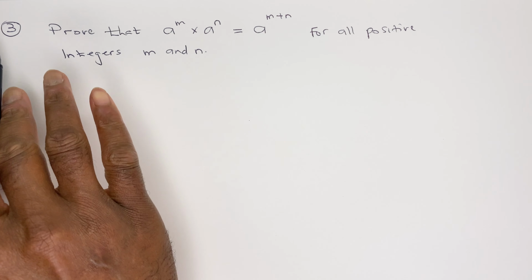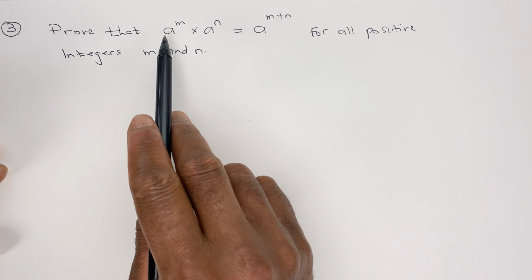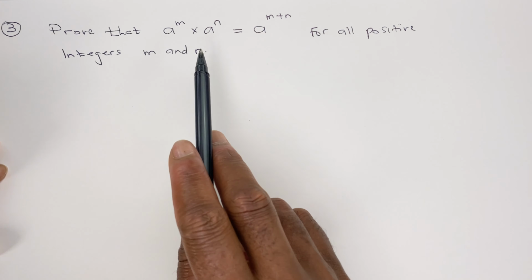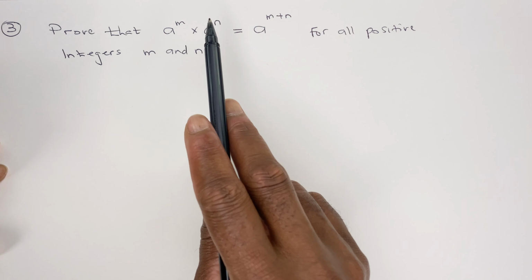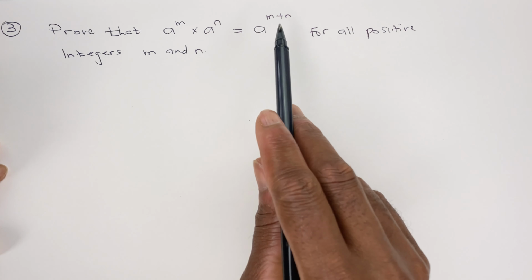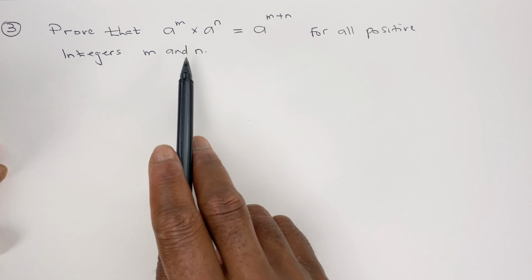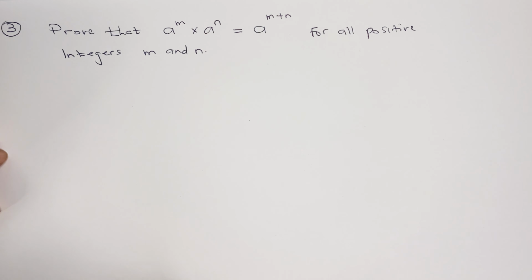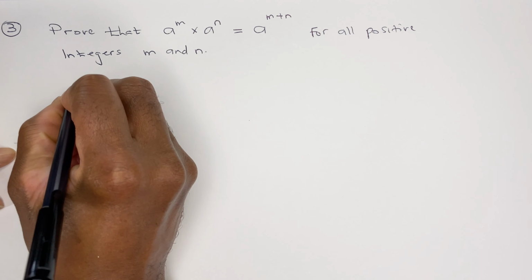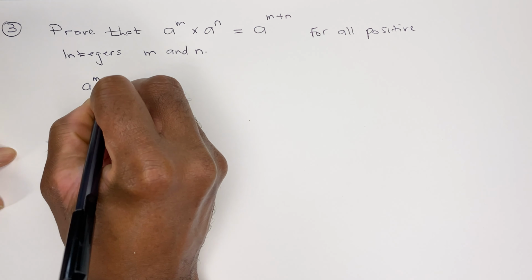Question 3. We need to prove that a to the power of m times a to the power of n is equal to a to the power of m plus n for all positive integers m and n. Okay, to prove this, we need to write down what a to the power of m is.